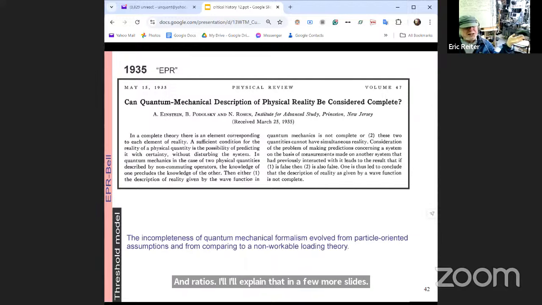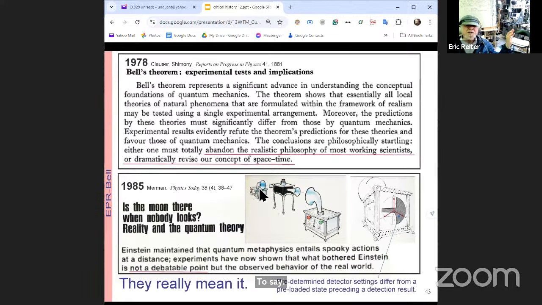Einstein argued against the probability in quantum mechanics, and I stand with Einstein. I stand with Schrodinger and a few others to say there's something wrong here. So they do these tests, and they really mean it, saying things like, is the moon there if nobody looks? This is kind of interesting.